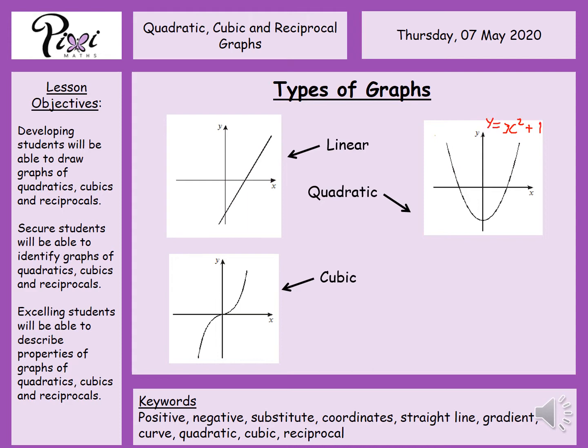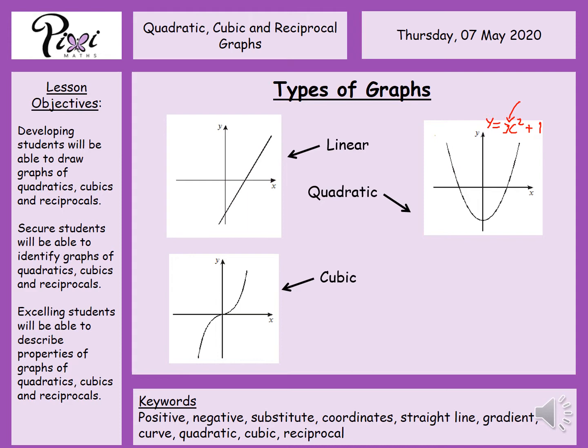Basically the highest power x has in the equation is 2. It couldn't have any x to the power of 3 or x to the power of 4. As long as the highest power that x has is 2, it's going to be a quadratic one.